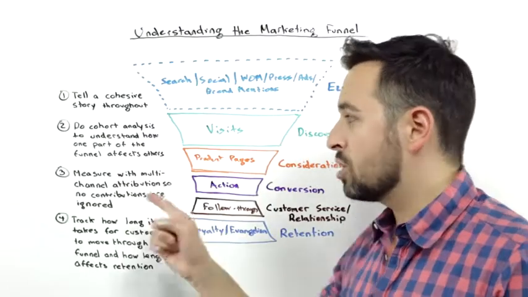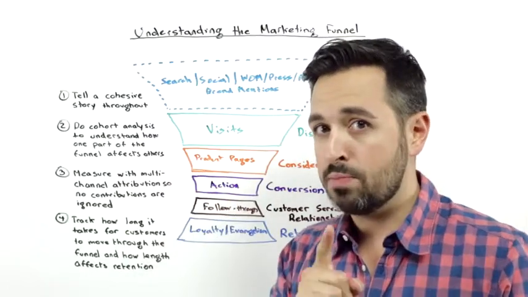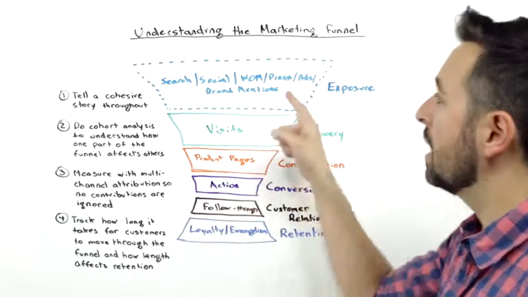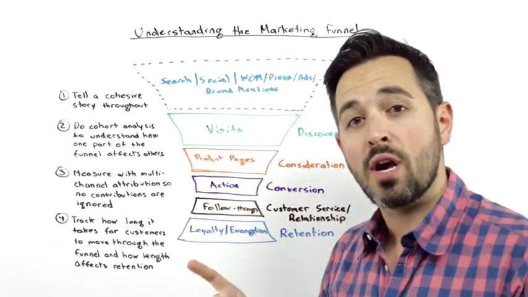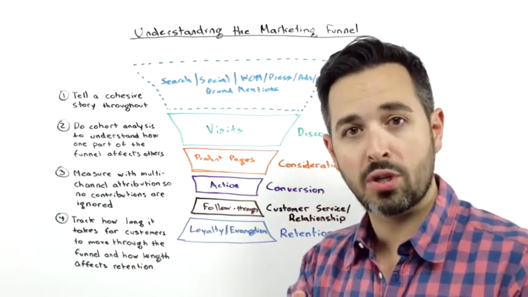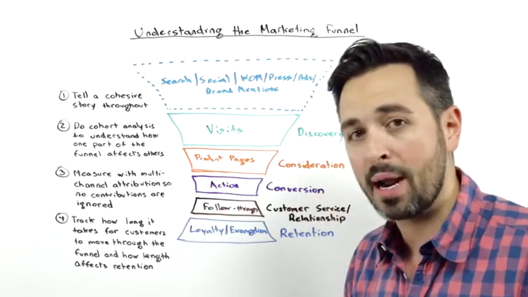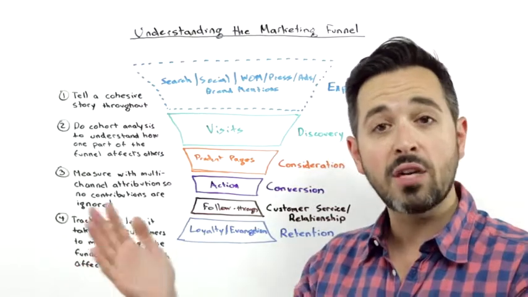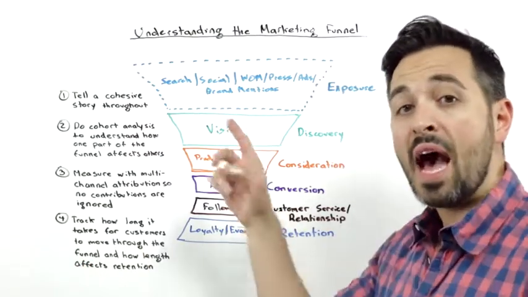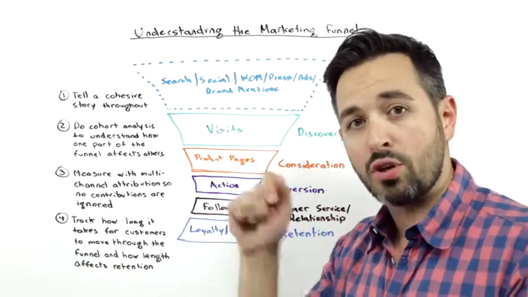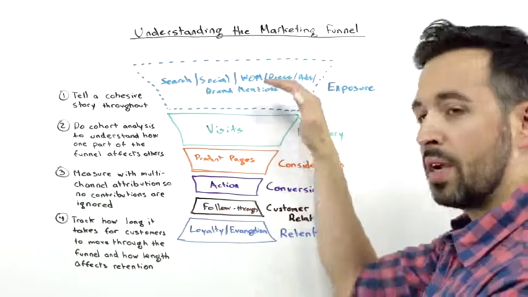Number three, measure with multi-channel attribution. Multi-channel attribution meaning I can look at, did this visitor come via search first and then social later, and then they came via an ad, maybe a retargeting, remarketing ad, and then they saw a brand mention in the press, and then they navigated directly to my website. Those many journeys together make up a story about how someone came.